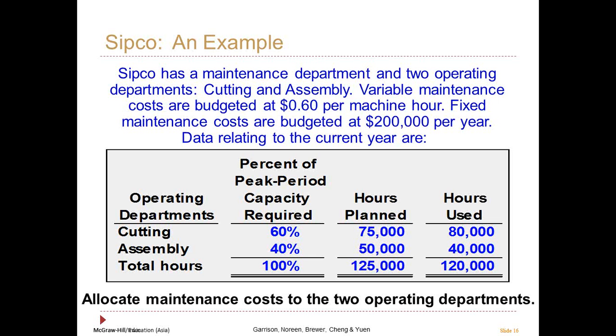Fixed maintenance costs are budgeted at $200,000 per year. Both planned and actual hours are given. We will allocate variable costs at the end of the year using actual hours. We will allocate fixed costs based on percent of peak capacity required.